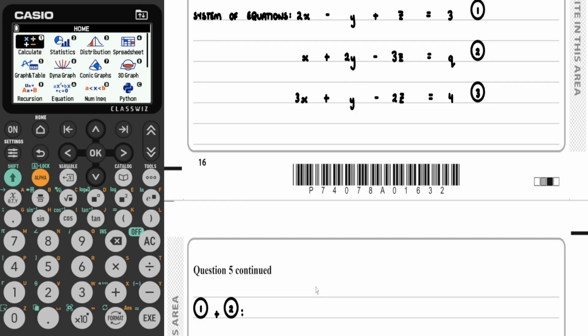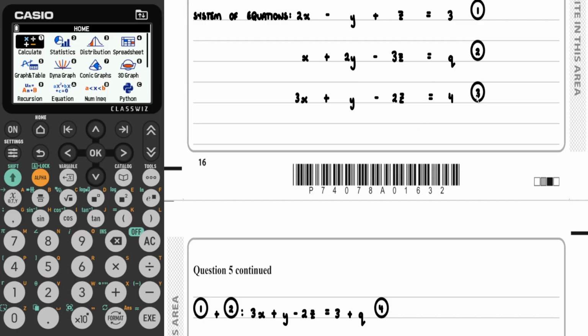What we will now do is add together equations 1 and 2. In doing so, we've got 2x plus x, which is 3x, negative y plus 2y, which is y, z subtract 3z, which is negative 2z, and this is equal to 3 plus q, which I'll call equation 4.